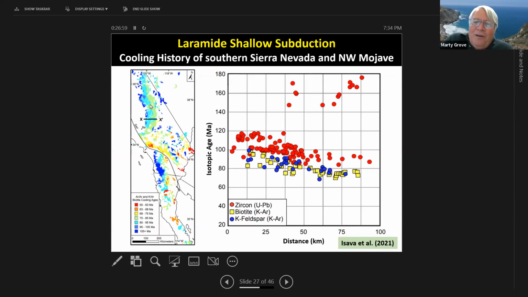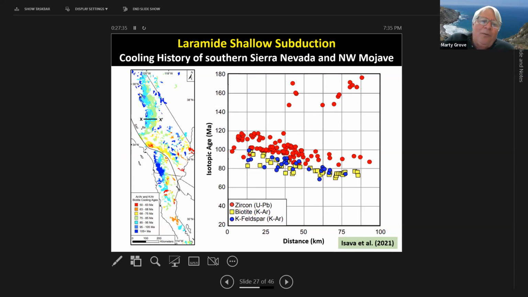Shown on the left here is an age contour map in which potassium-argon and argon 40/39 total gas ages from the mineral biotite are being shown. Ages that are older than 105 are shown in the darkest blues. Ages that are basically early Cenozoic are shown in red. And everything in between is on this color scale right in here.